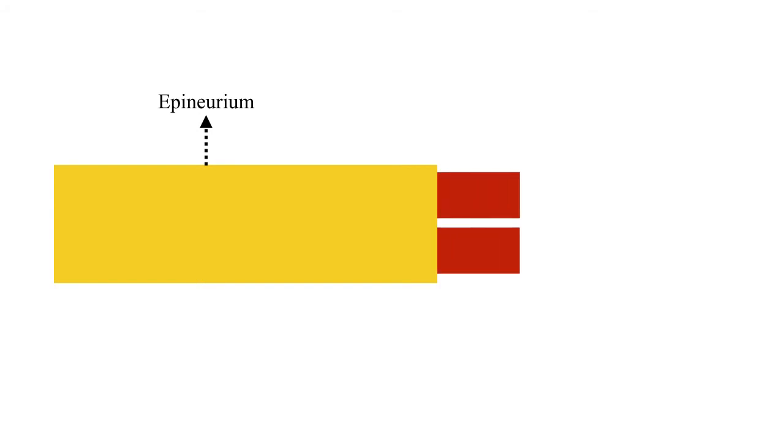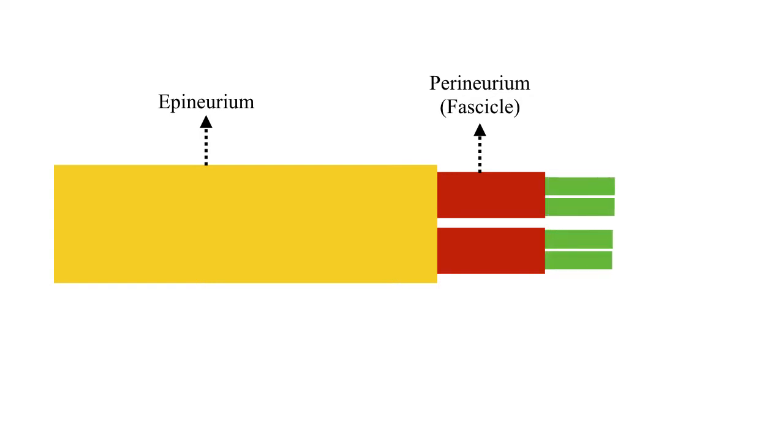Within the epineurium we have bundles, and these bundles are called fascicles, and these nerve fascicles are covered by perineurium. Within the fascicles are further bundles of axons which are covered by endoneurium, and the innermost layer are the axons.